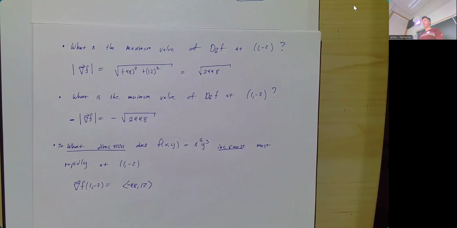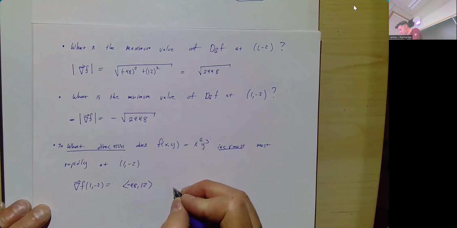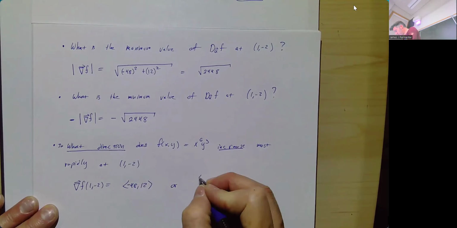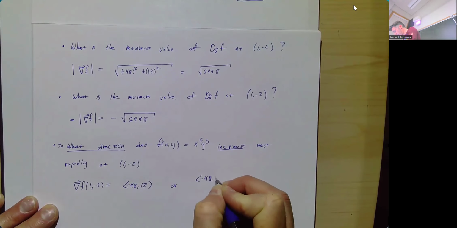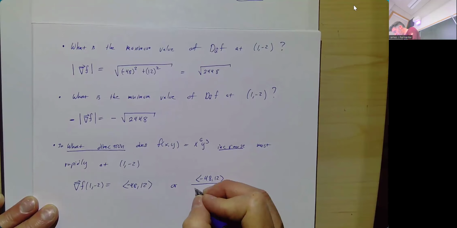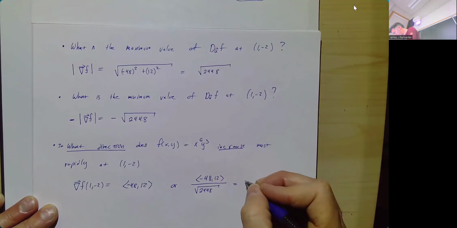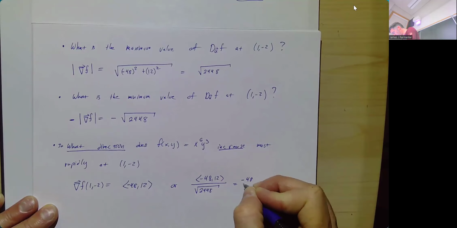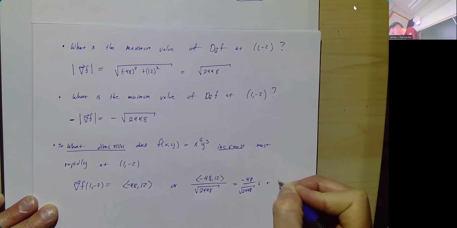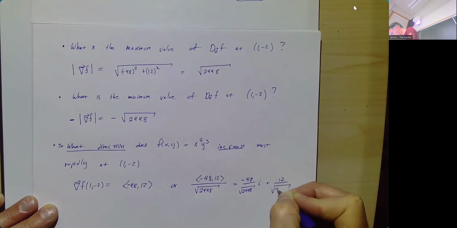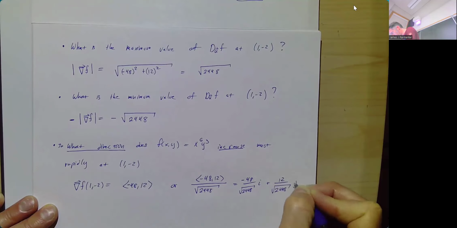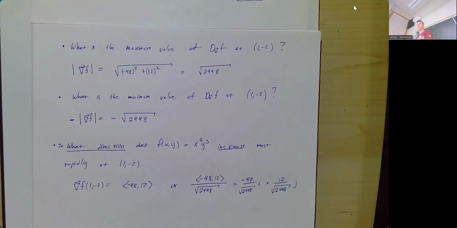Or as a unit vector, we could do (-48, 12) divided by the square root of 2,448, which you could write as -48 over the square root of 2,448 i plus 12 over the square root of 2,448 j.